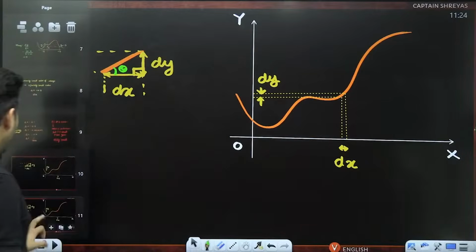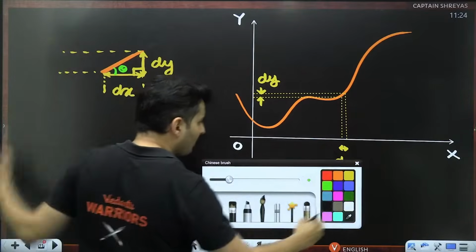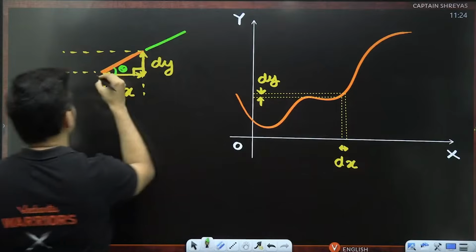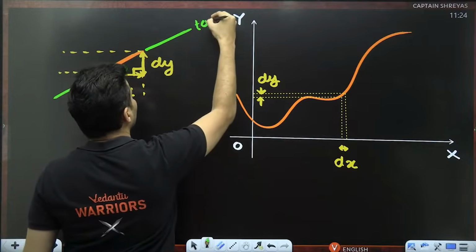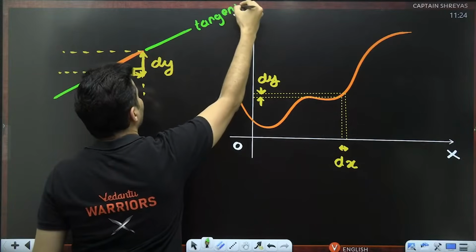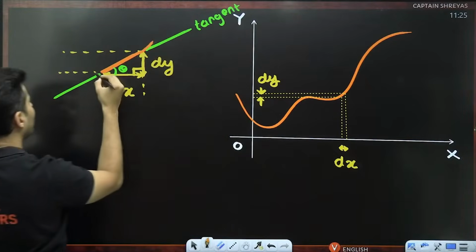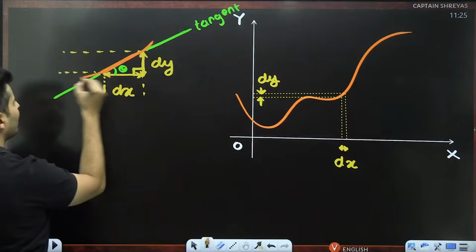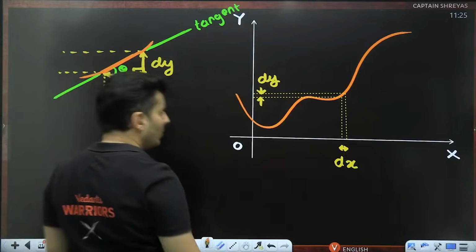Now, what I will do is, because it's a straight line, if I extend it on both sides, like this and like this, that line will then become the tangent. Your curve might go anywhere. It could be like this. But if you extend that line at that instant, it is going to become the tangent.